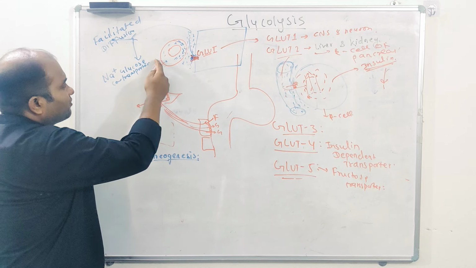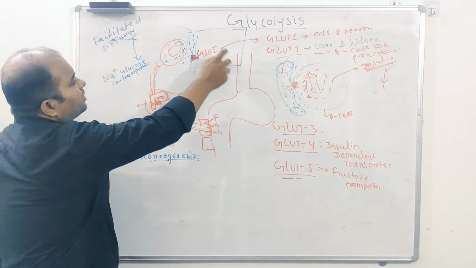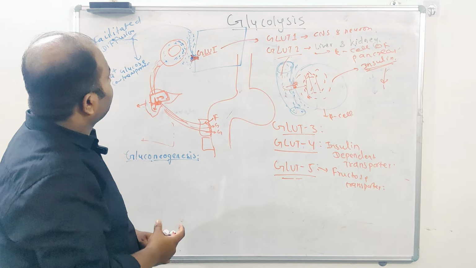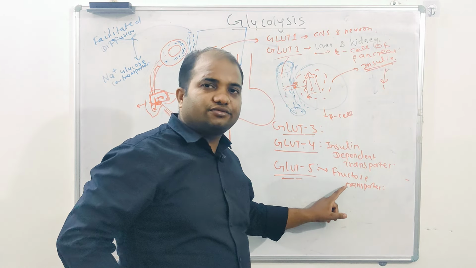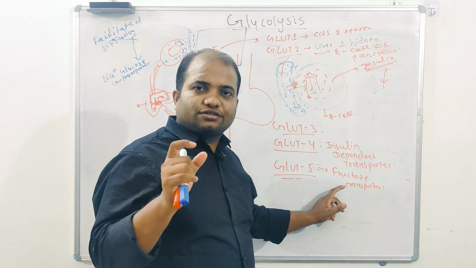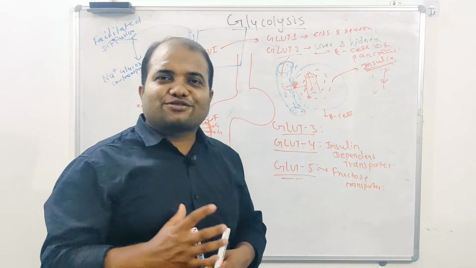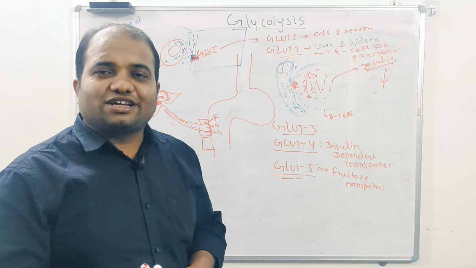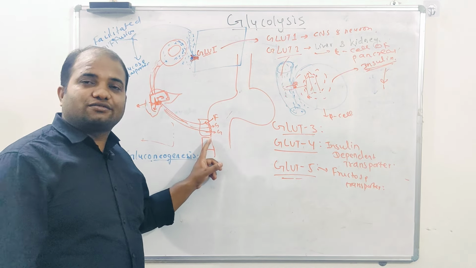But a small amount will be released into the systemic circulation. Which cells love to utilize fructose? There are some cells in our body that love to utilize fructose as their metabolic pathway.